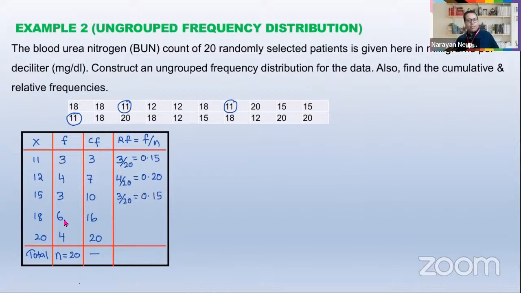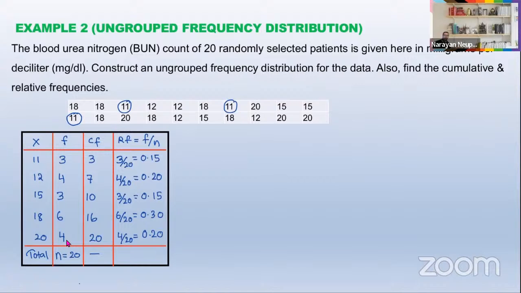Next one is 6, so 6 divided by 20 is 0.30. And finally, we have 4, so 4 divided by 20 is equal to 0.20. So this is how you can find the relative frequencies.